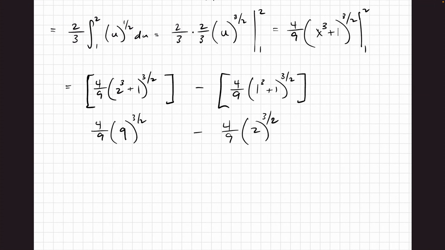3/2 power means cube it and then square root it, or vice versa. Doesn't matter which one you do first. So I would say square root is easier to do because the square root of 9 is just 3. And then you cube 3, you get 27.